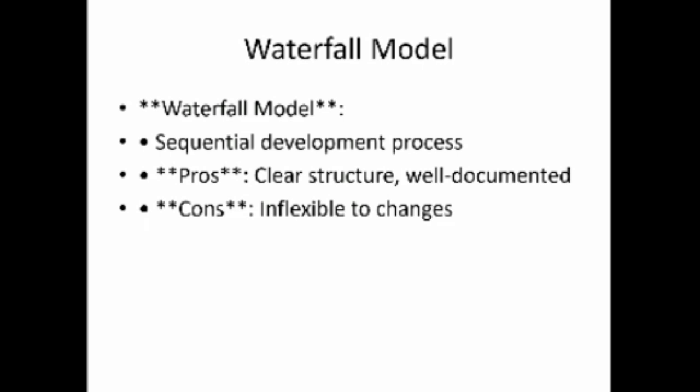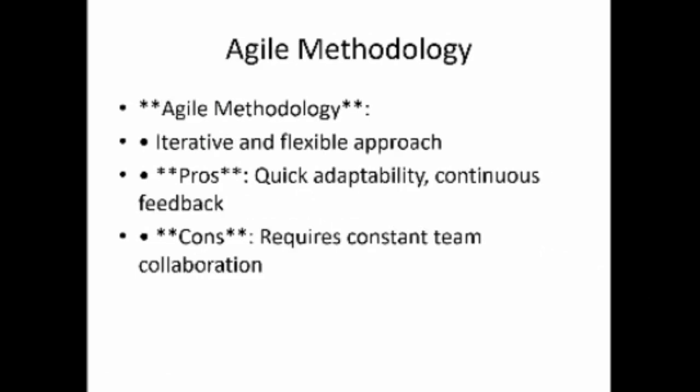In the waterfall model, the components are arranged in a sequential manner, so it is like a waterfall. Every component has clear boundaries, so it is a very clear structure and can be documented easily. Its cons are inflexible to changes. The changes cannot happen.